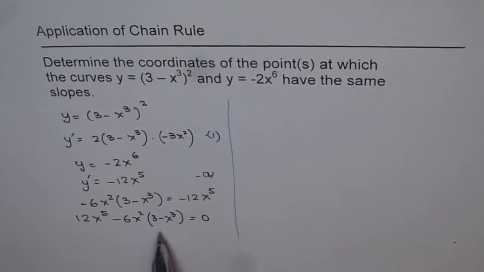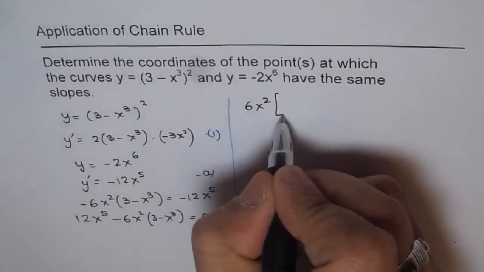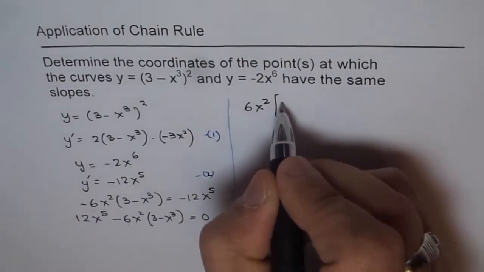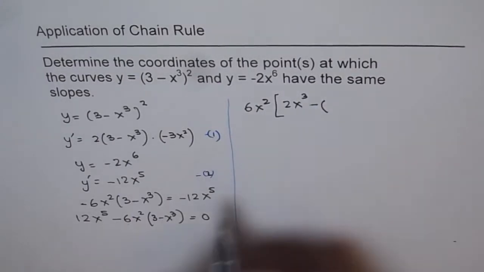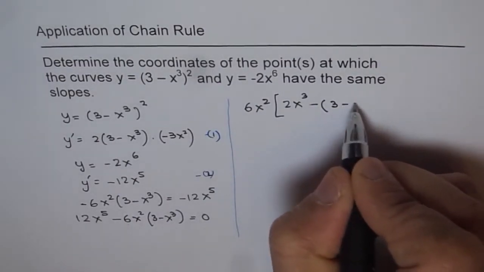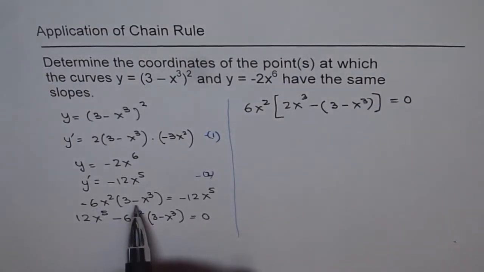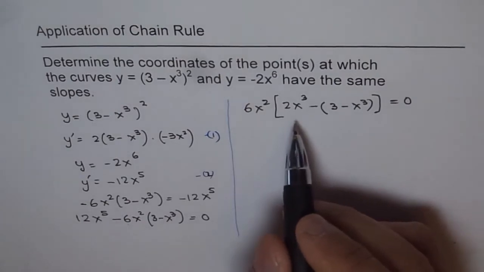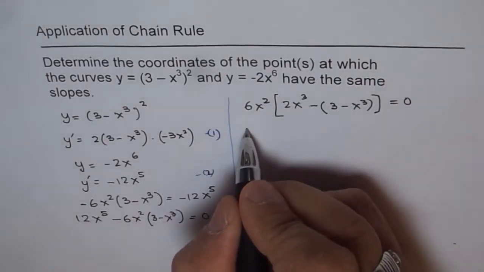You'll appreciate it soon. Now from this equation, we can take 6x squared common, right? Then we get 2x cubed minus, within the bracket, (3 minus x cubed). Do you see that? There was no point in expanding this expression at this stage. We could have got the same result, but you understand. Let's simplify this a bit.